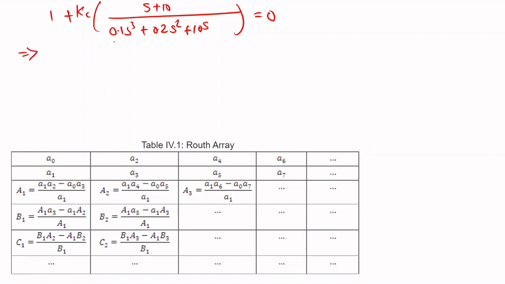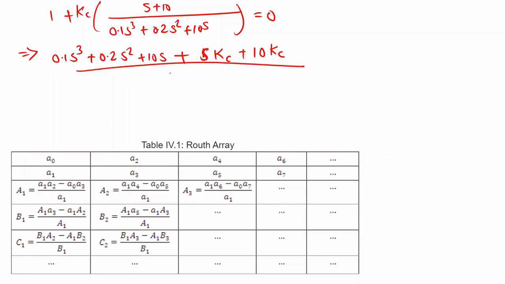So this will become 0.1 S cube plus 0.2 S square plus 10S plus S times Kc plus 10 Kc upon denominator 0.1 S cube plus 0.2 S square plus 10S is equal to 0.